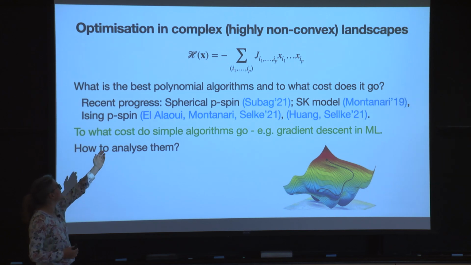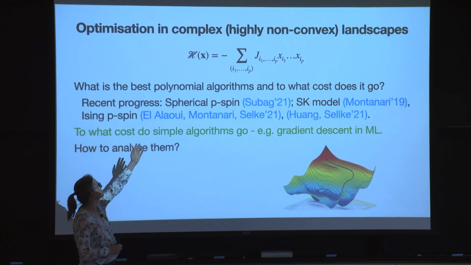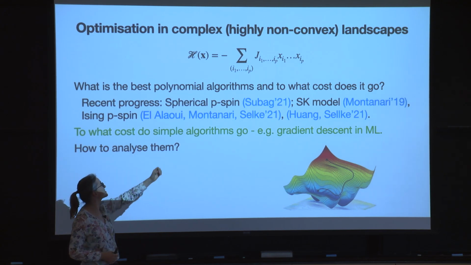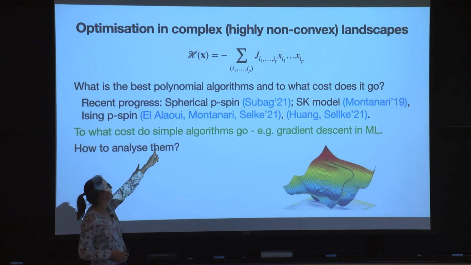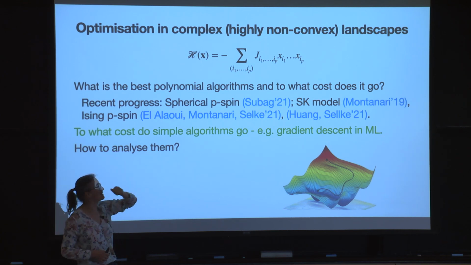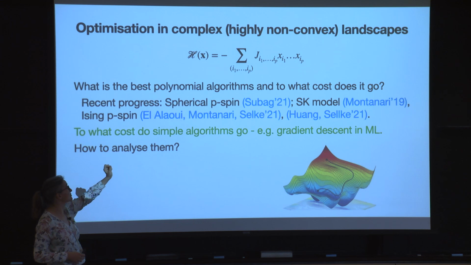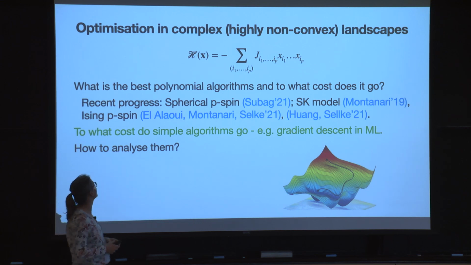So this is how the landscape, this Hamiltonian, a function of x looks like. The x is usually either binary or living on a sphere, that depends. And the p over there is usually 2. In the examples we talked about, it was 2. Or sometimes it is bigger than 2.